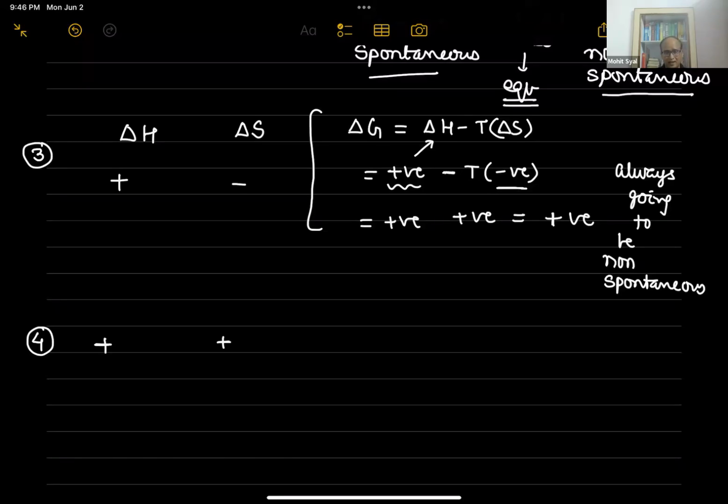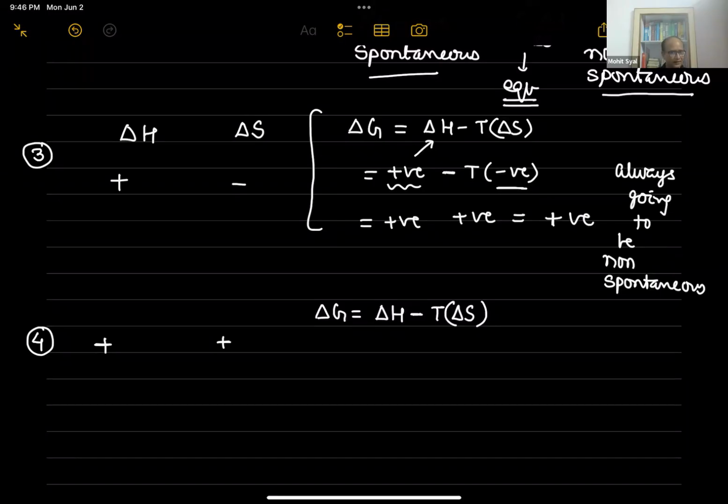Because the delta G sign is not given. Delta H is positive, and the system is gaining heat, and delta S is positive, meaning the entropy is more, meaning spontaneity. It's a spontaneous reaction. So for spontaneous reactions, delta G will be negative, right?